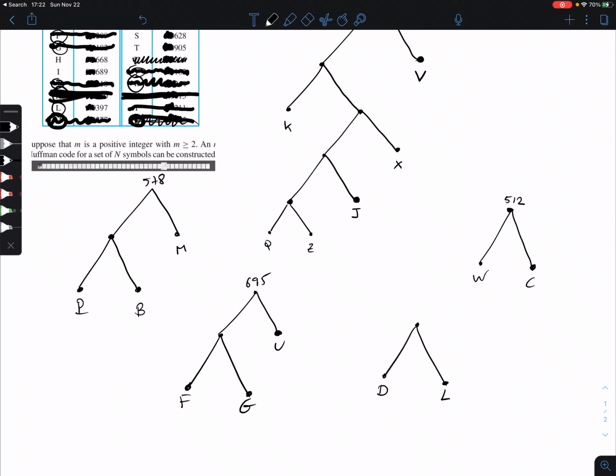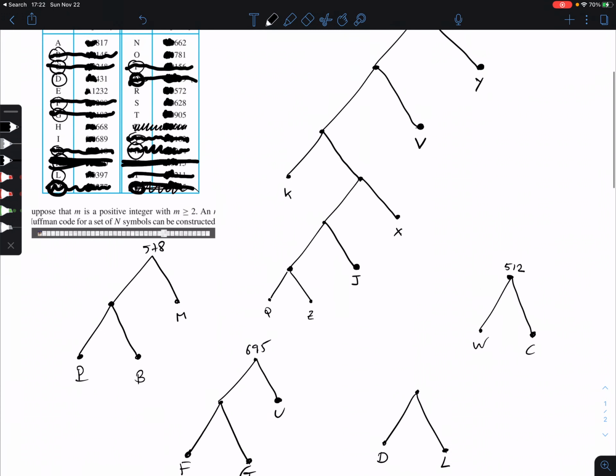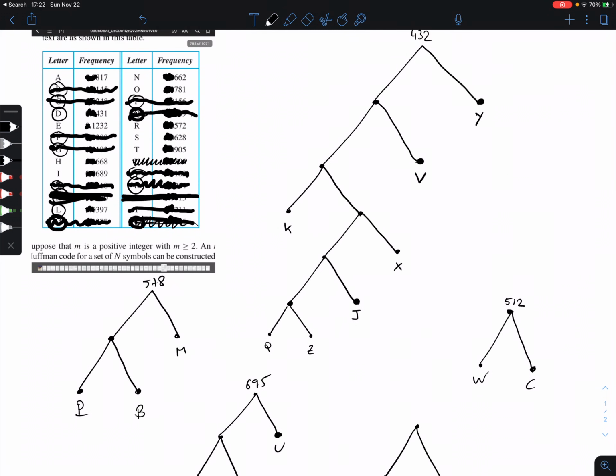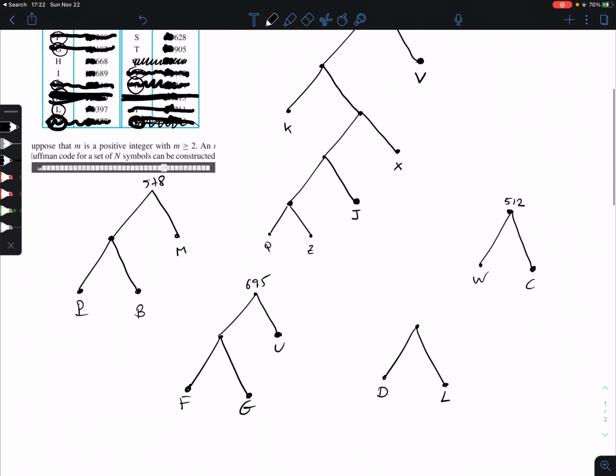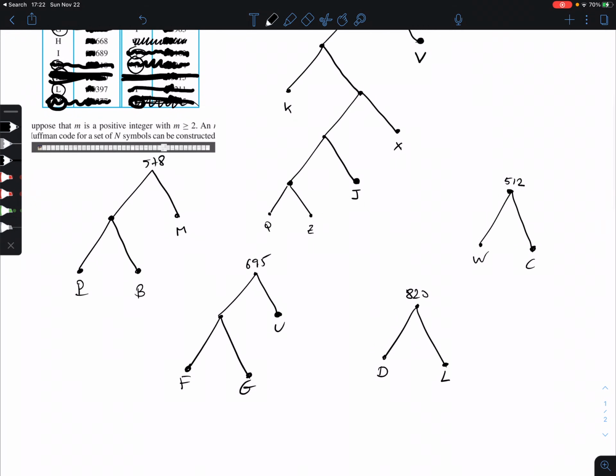397 plus 431 is 828. Now, okay, so professor, you say, well, how are you going to do all this? This is so much. No, I'm not going to ask you for this long a tree. And also, for me to see where you make mistakes, it would be better if you keep the frequencies.